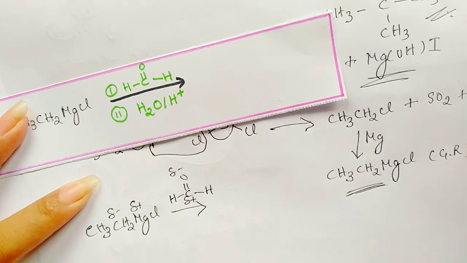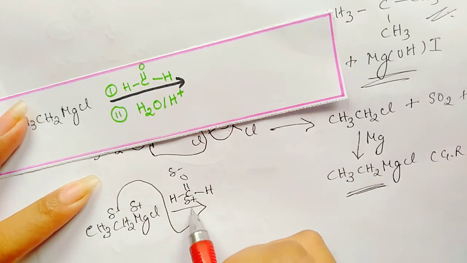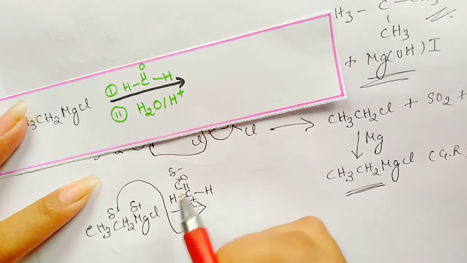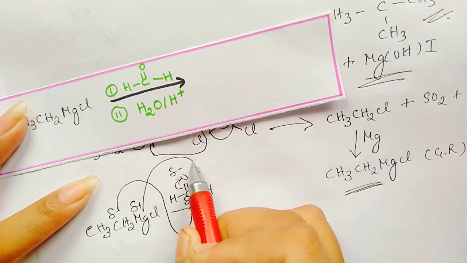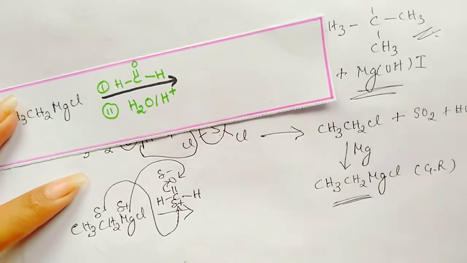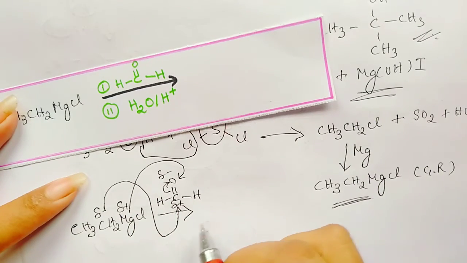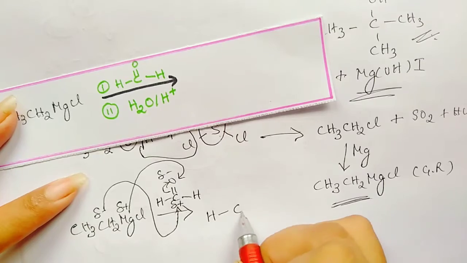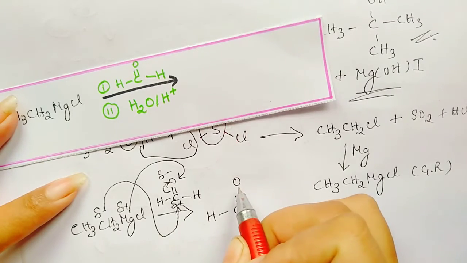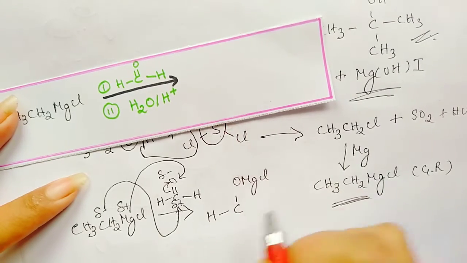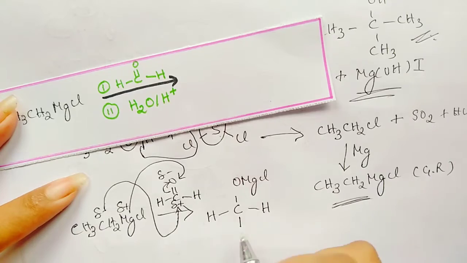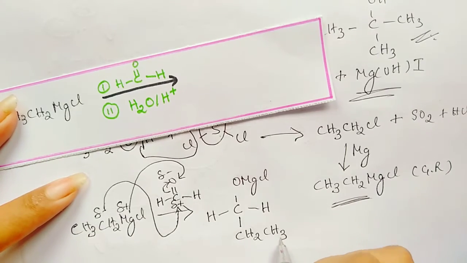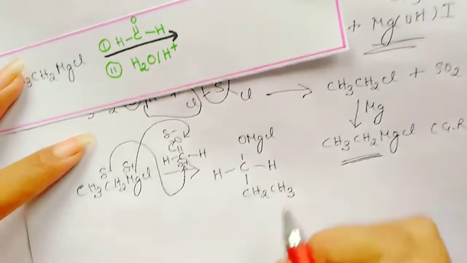The negative part goes to attack the partial positive carbon, so the electrons shift here, and this positive part would come here. So we have HCO, MgCl, and then H, and CH2, CH3.